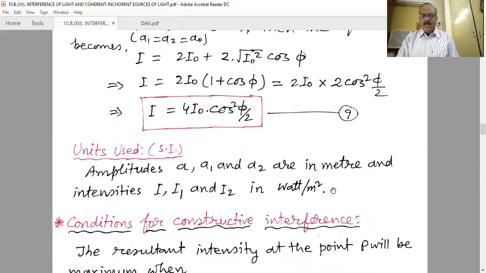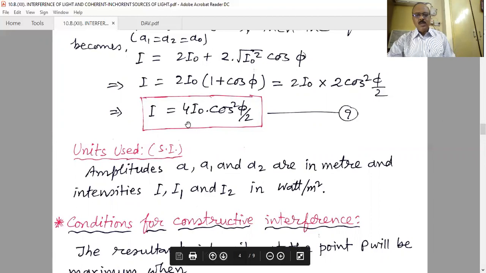That means at any point, what is the intensity of any waves, not only light waves. That is, what is the energy, joule, passing through a unit area per unit time, joule per second per meter square at that point, if you take the area perpendicular to the direction. Therefore, the unit of I1, I2, and I will always be watt per meter square.